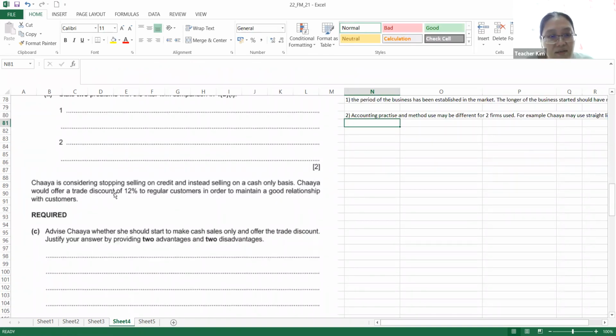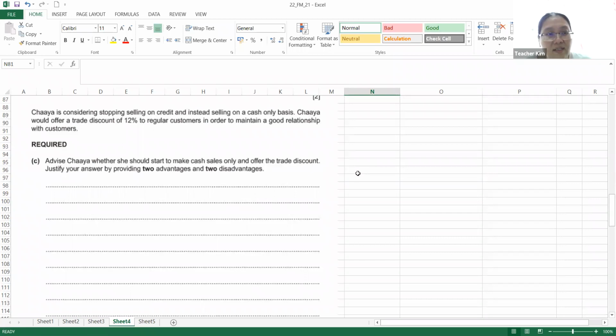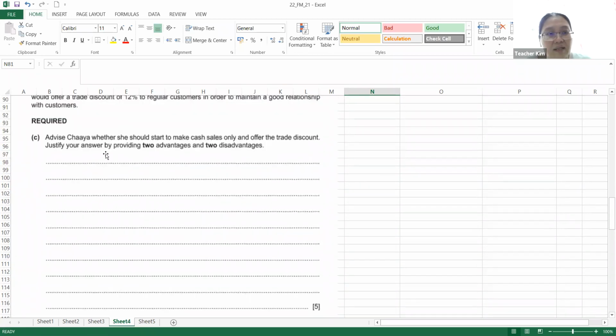Chaya is considering stop selling on credit and instead selling on a cash basis. Chaya will offer a trade discount of 12% to regular customers in order to maintain a good relationship. So 5 marks. Justify your answer by giving two advantages.